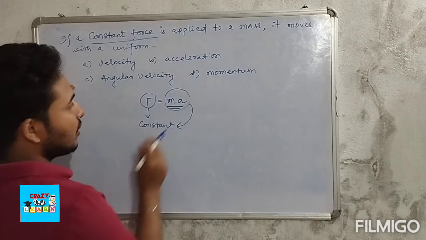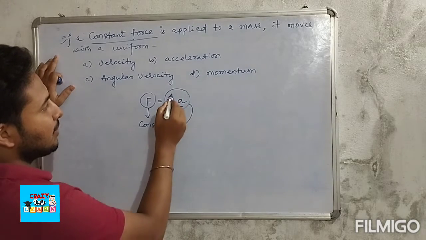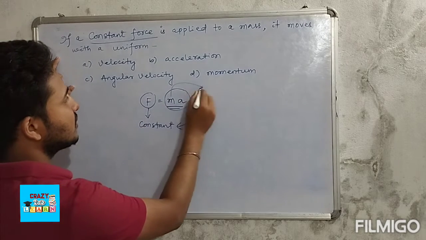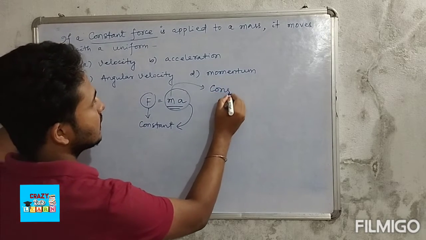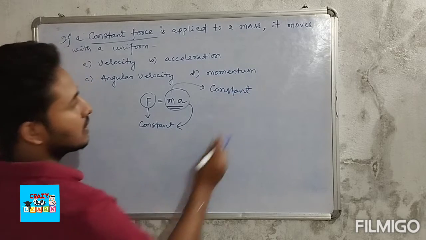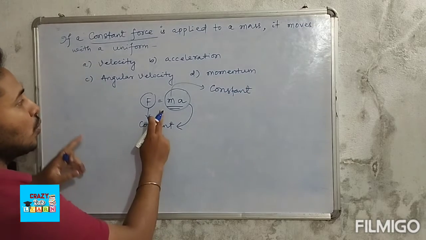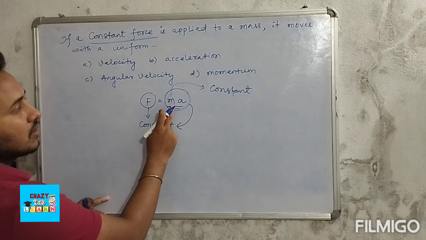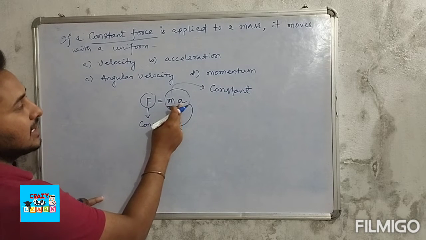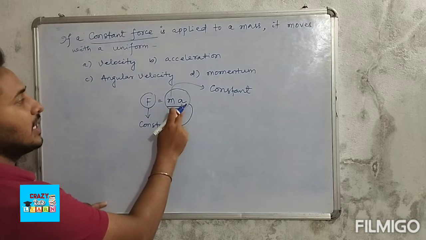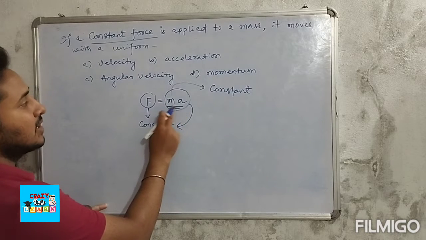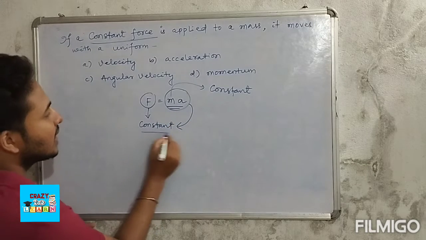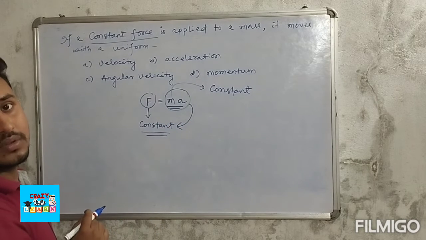M into a is constant, and we know that the mass of an object is always constant. So when we get a constant factor, as m is constant, a must be constant, so that when two constants are multiplied with each other, we get another constant value.